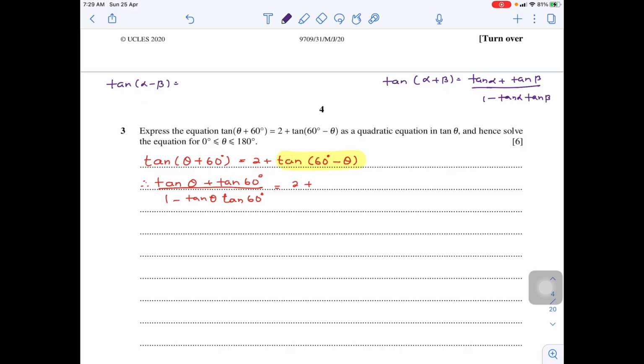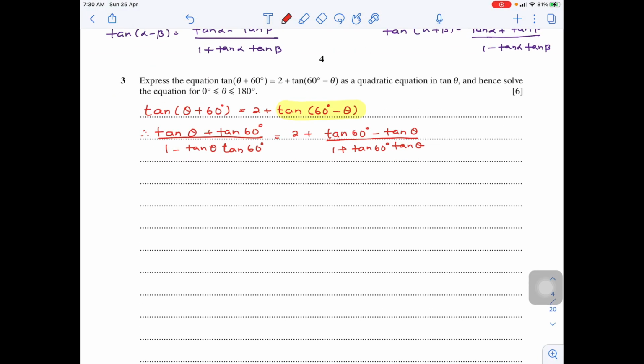But I need tan(60 - theta). So let me try again. Tan(alpha - beta) can be written as tan alpha minus tan beta over 1 plus tan alpha tan beta. So tan(60 - theta) is tan 60 minus tan theta over 1 plus tan 60 tan theta. Now I know that tan 60 is root 3.